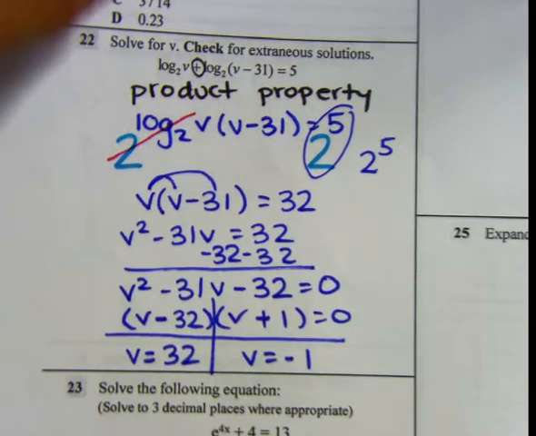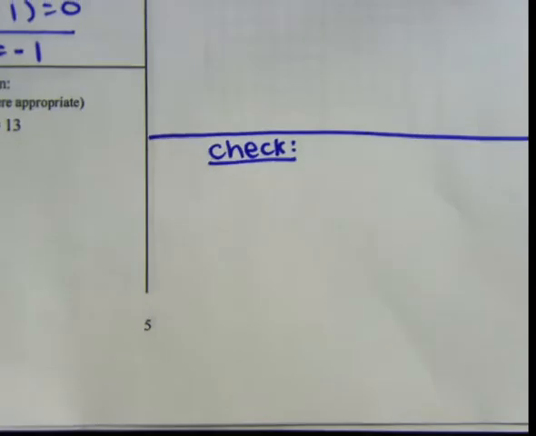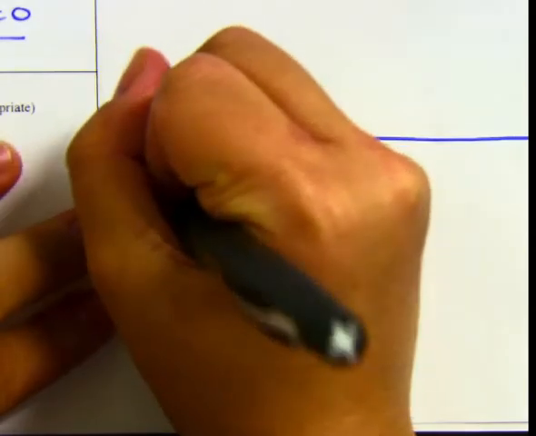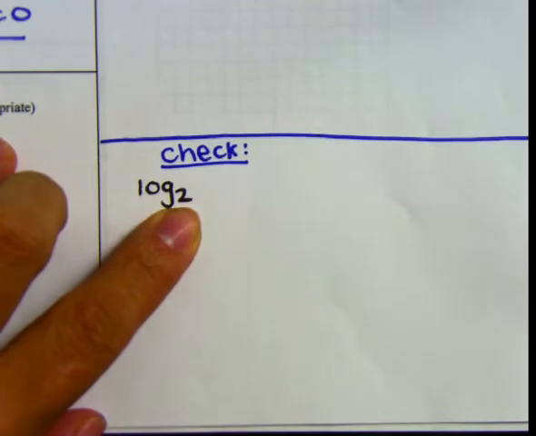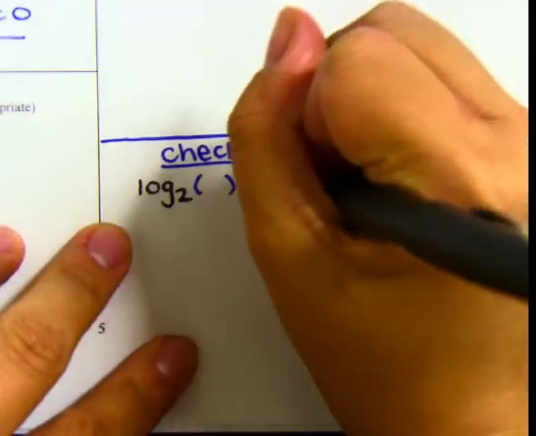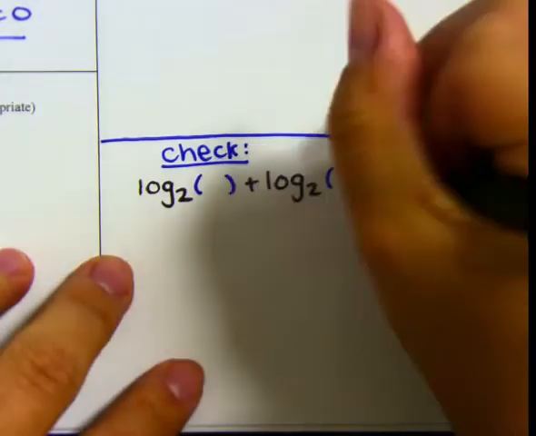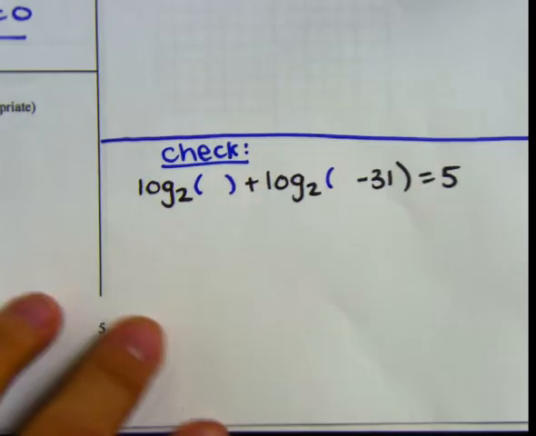So it's going to look like log base 2 of v, now I'll put parentheses, plus log base 2 of v minus 31 equals 5.